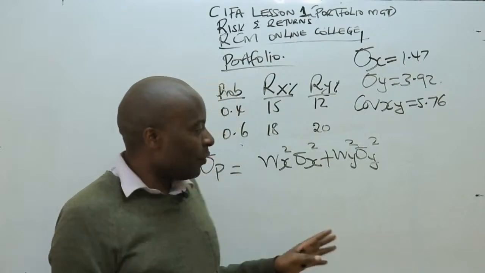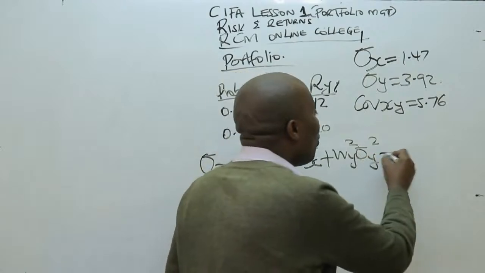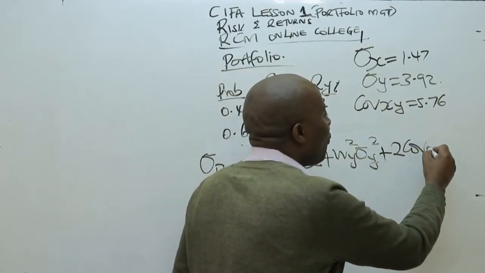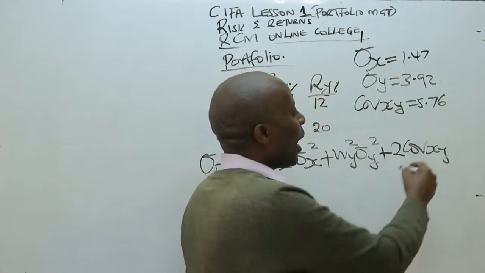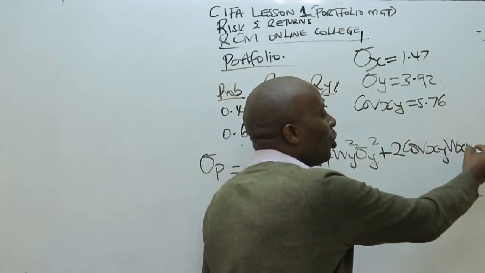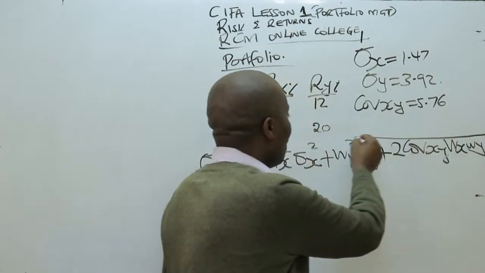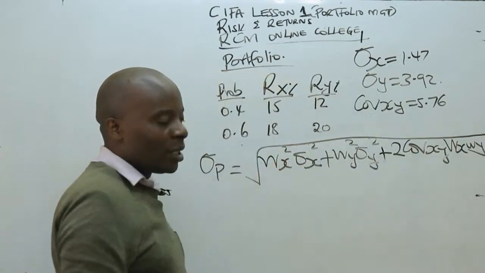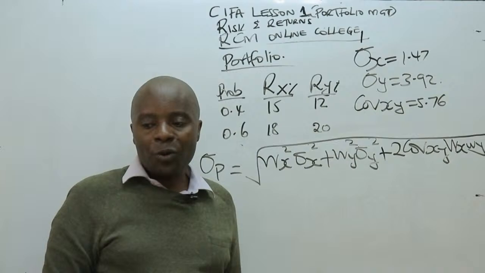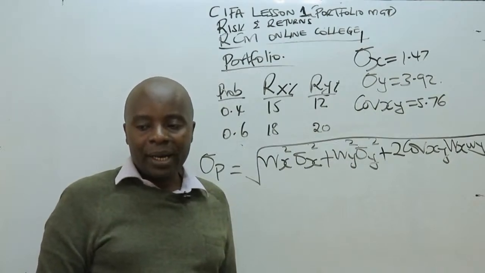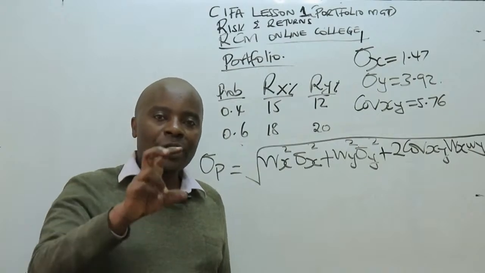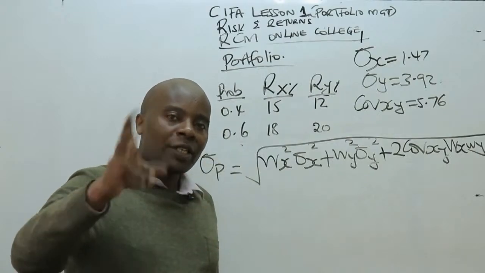So you square everything there. And then we'll come and talk over plus twice the covariance between X and Y, and then you attach the weights. Don't forget to attach the weights as you crown up everything with a big square root. Ladies and gentlemen, remember we had the weights. Aura had bought 30% of X, 70% of Y.